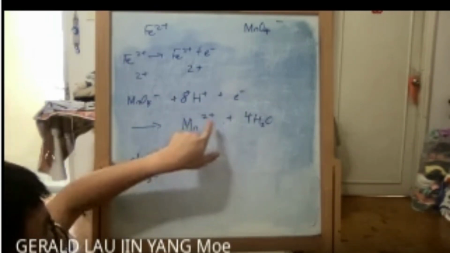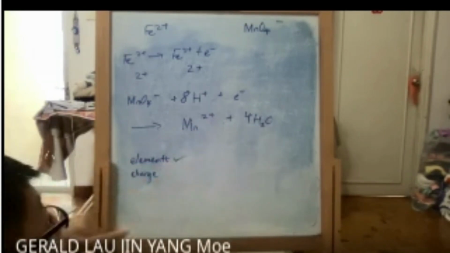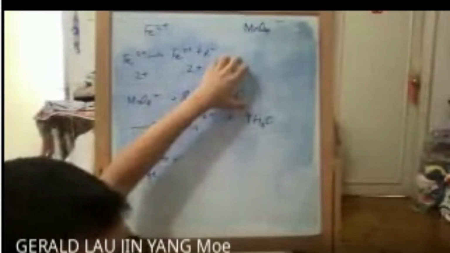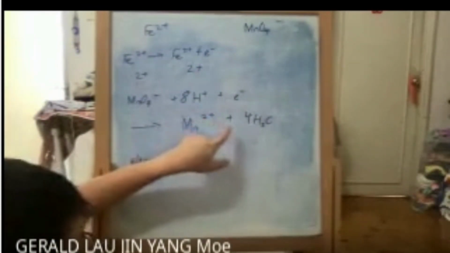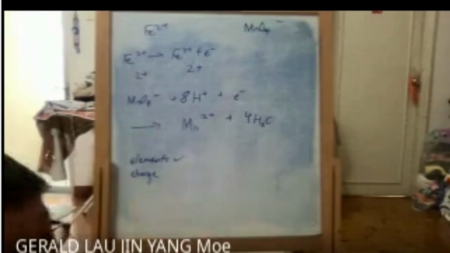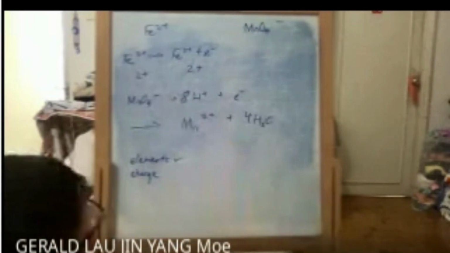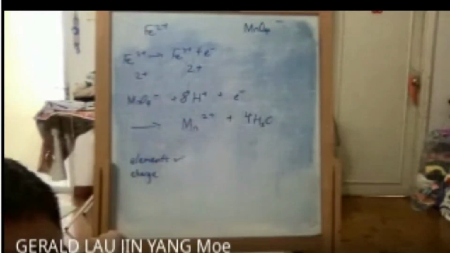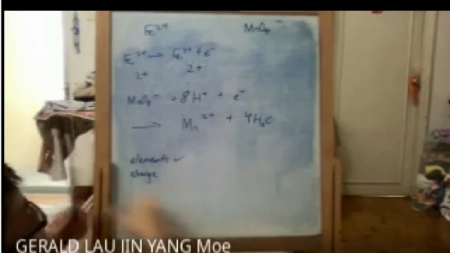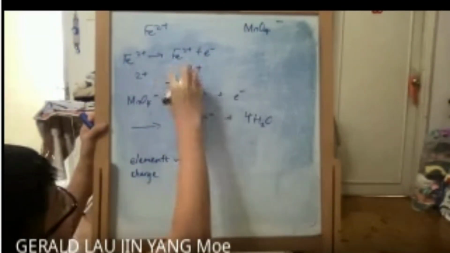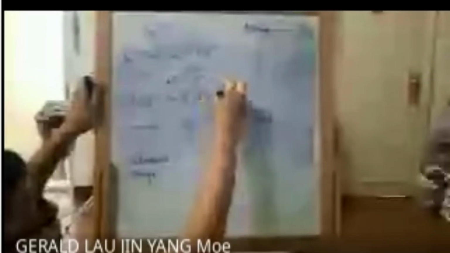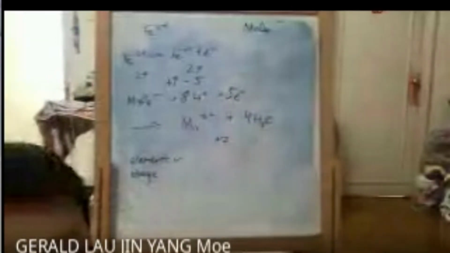Here the right side is 2 only. So basically you have to determine how many electrons are needed. The left is 7 and the right is 2, so that means minus 5, which is 5 electrons.